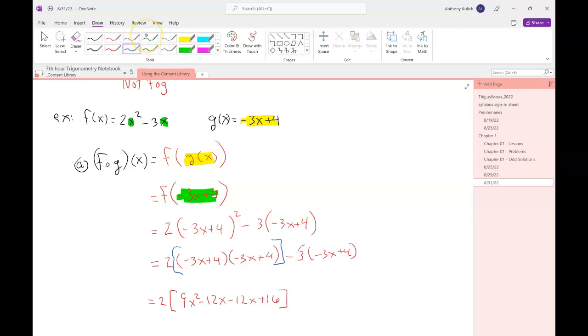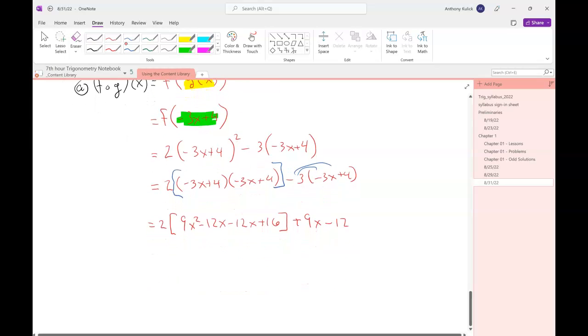And then down on the other piece, I just need to distribute the negative 3 through, right? Everybody's good? We'll combine our like terms there in the middle.